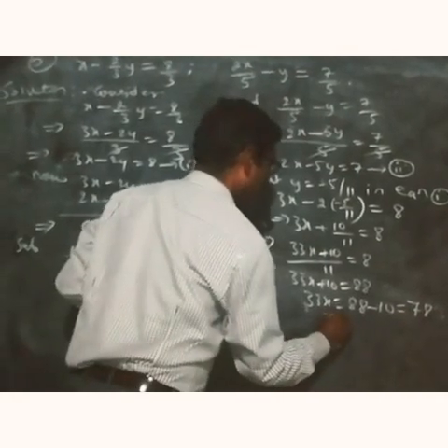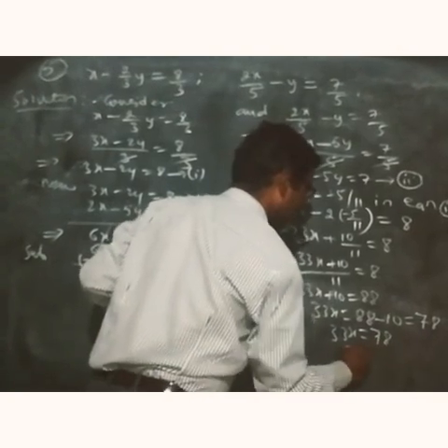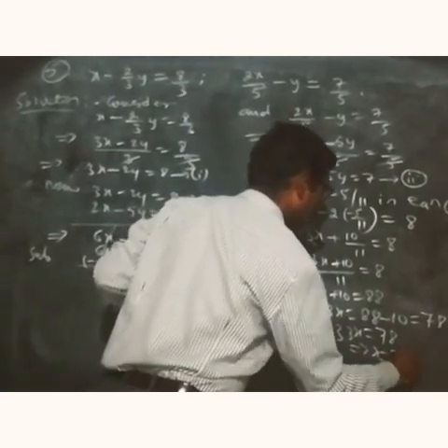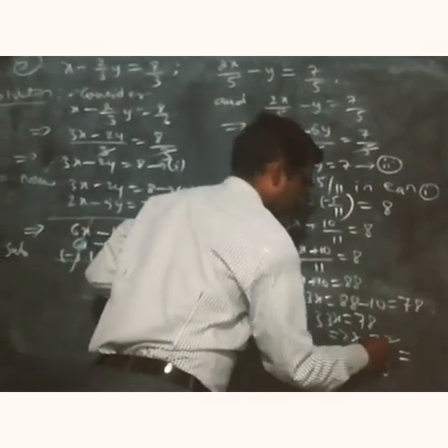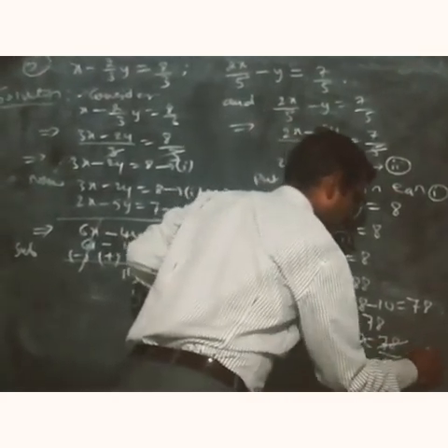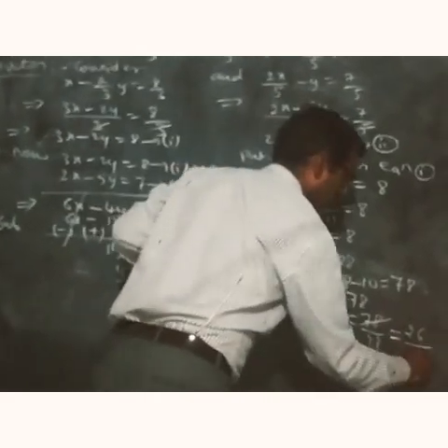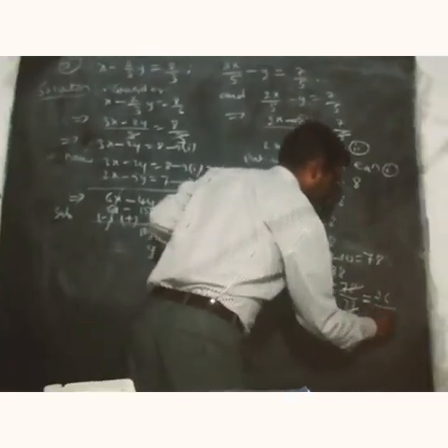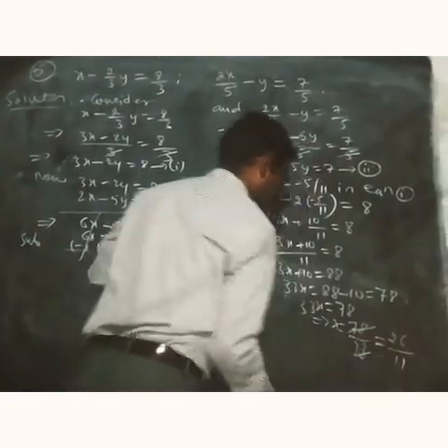That is, 33x is equal to 78. This implies x is equal to 78 by 33, with the 3 table. 3 2s are 6, then remainder 18, 3 6s are 18. So x is equal to 26 by 11.